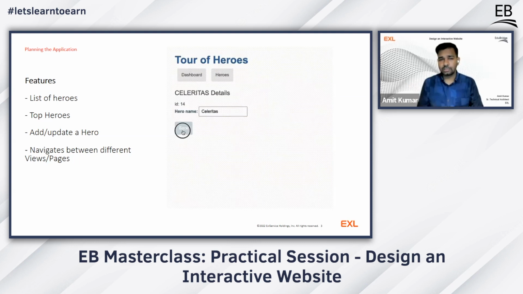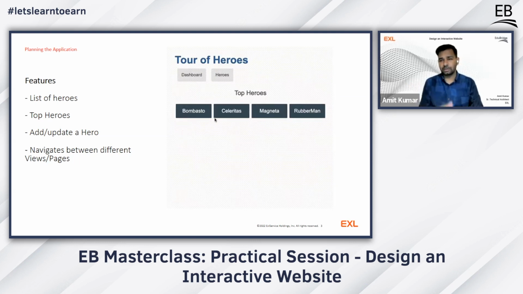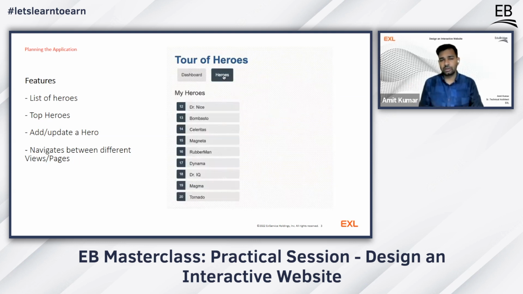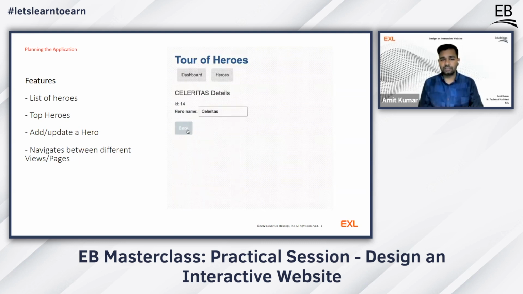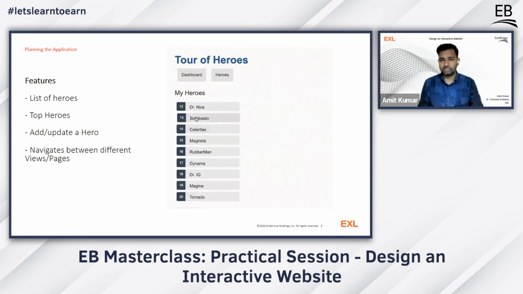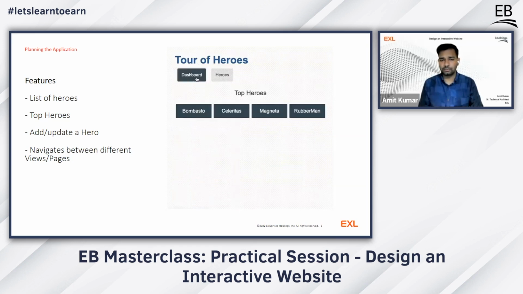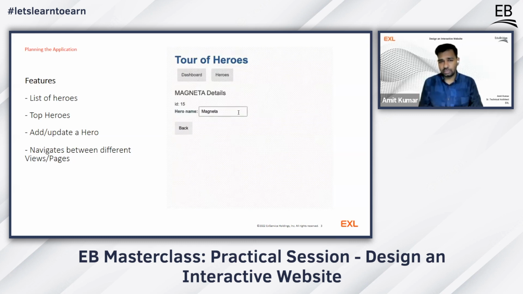As you see in this slide, in the right hand section, I added one GIF, and this GIF shows how the user interacts with this application. So you might get some idea. If you look here, you will see some kind of navigation: dashboard and heroes.